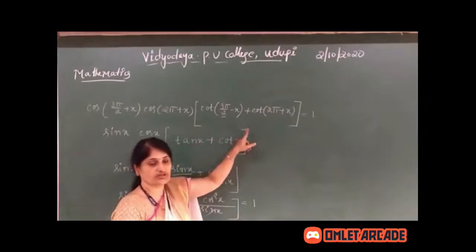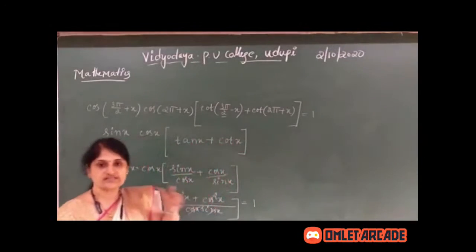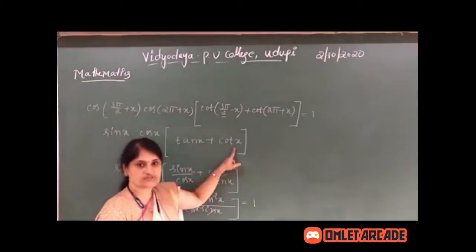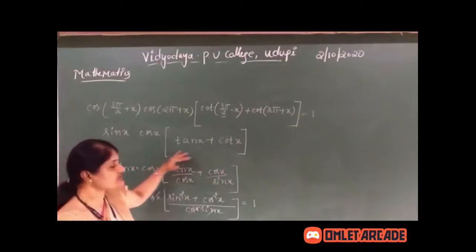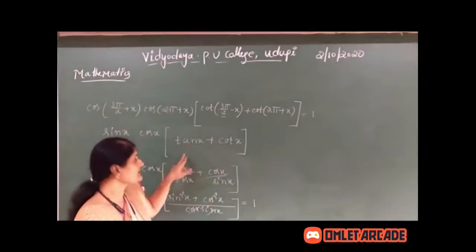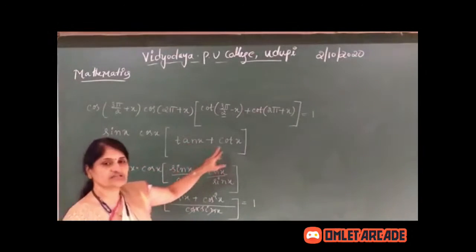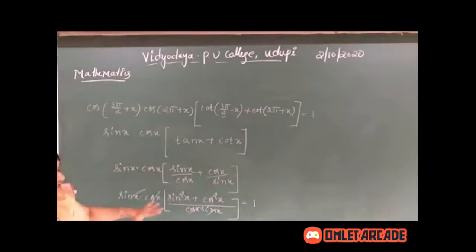Similarly, in the fourth case, cot 2 pi plus x, in the first quadrant, cot is positive. It is cot only because it is a multiple of pi. So after substituting, what we did? Taking tan as sin by cos and cot as cos by sin, taking LCM and simplifying, we get the answer 1. Okay, write this.